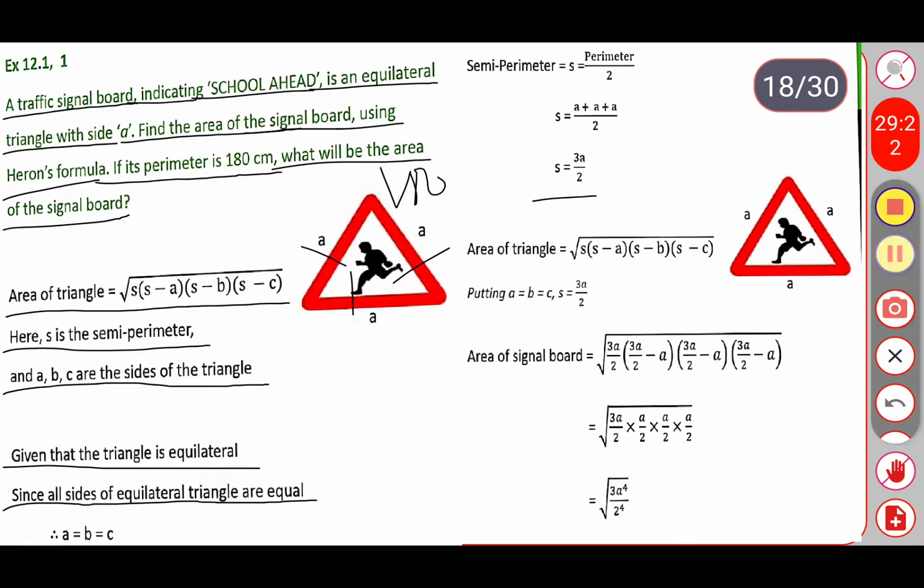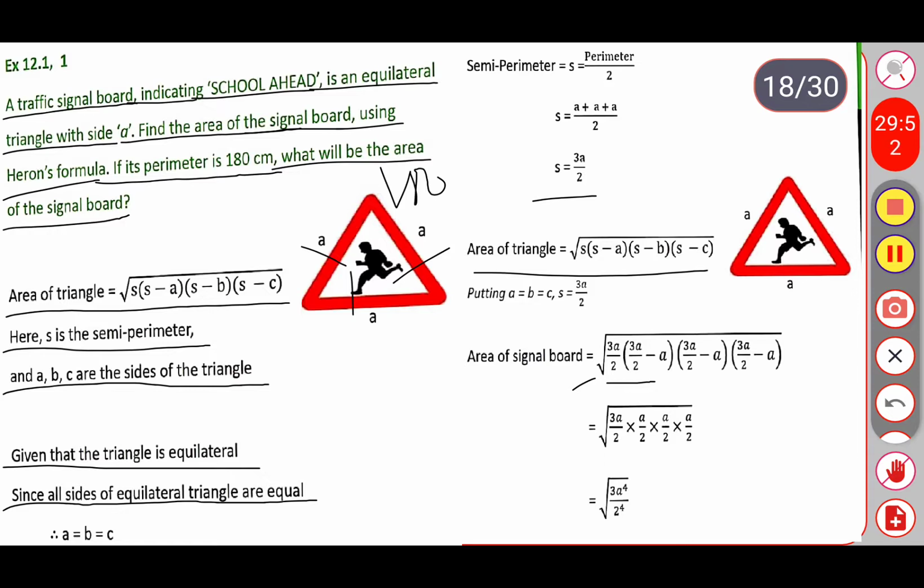Substitute that in Heron's formula, which we already know: S into S minus A into S minus B into S minus C. Substitute that 3A by 2 in this formula. So 3A by 2, 3A by 2 minus A, 3A by 2 minus A, again 3A by 2 minus A.